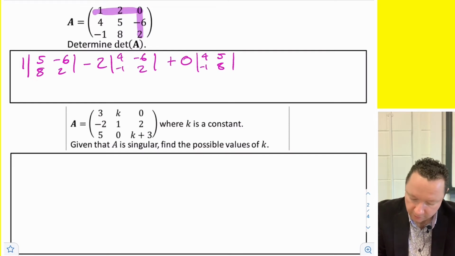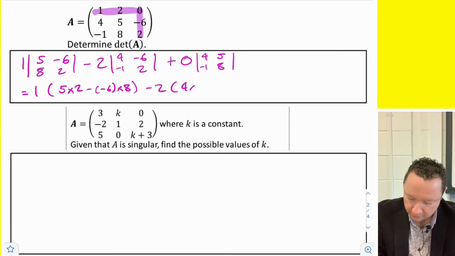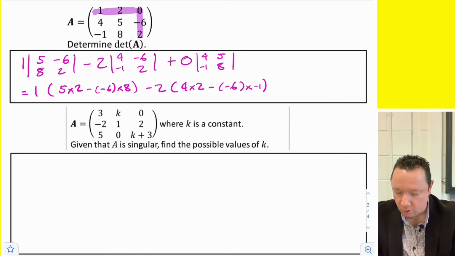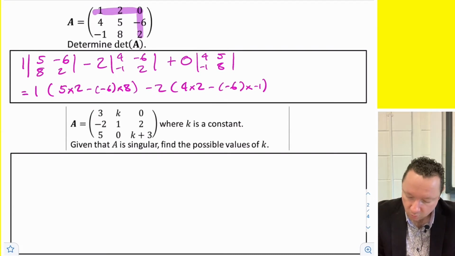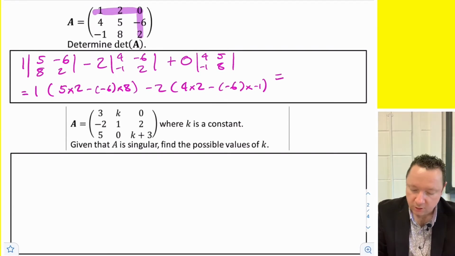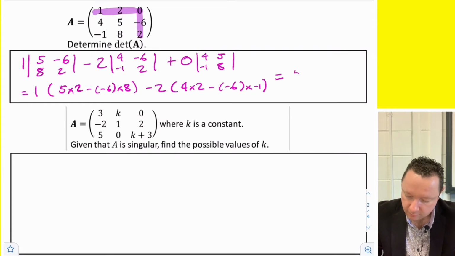So working some of that out, we've got 1 times 5 times 2 minus 6 times 8. Take away 2 times 4 times 2 minus 6 times minus 1. And then we've obviously got plus nothing, so that'll give us nothing. So working that out, which is 58. So take away 4, and we get 54.